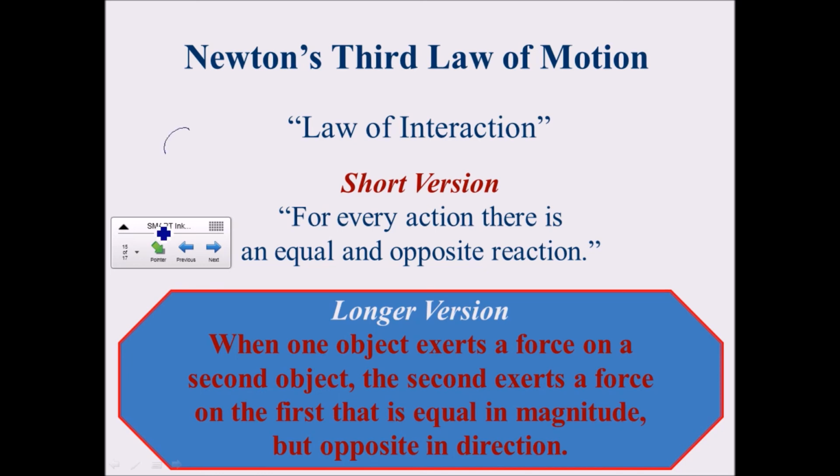So if I have the Earth and I have the Moon in orbit around the Earth, the thing that holds the Moon in its orbit is the gravitational pull of the Earth on the Moon.